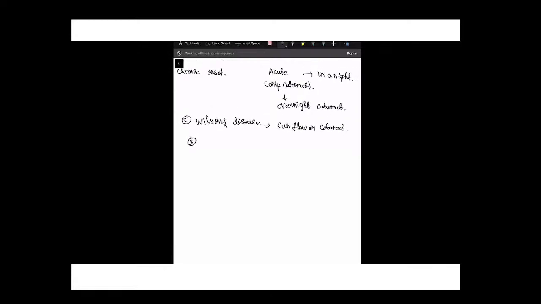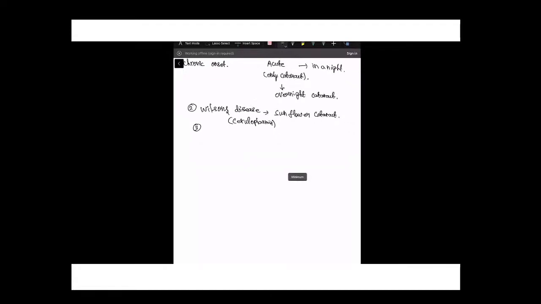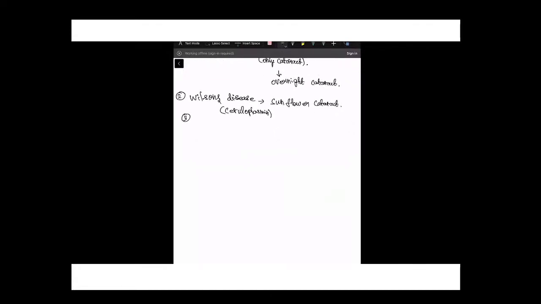ATP7B. That is the gene, right? I'm asking the plasma protein. Ceruloplasmin. Yes, correct. And what is the use of the ceruloplasmin? Why our body needs ceruloplasmin? For the transport and binding of the copper. In Wilson's disease, we have copper toxicity.